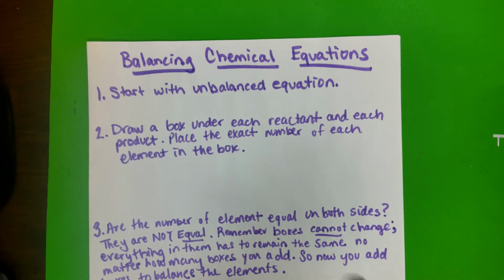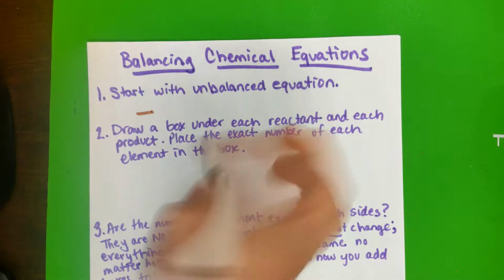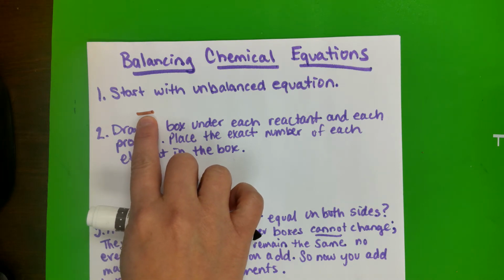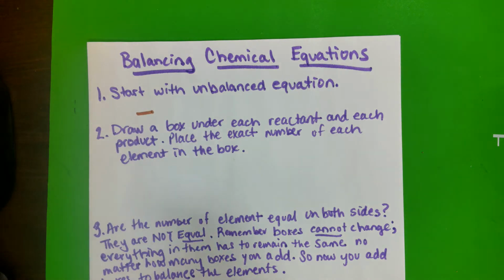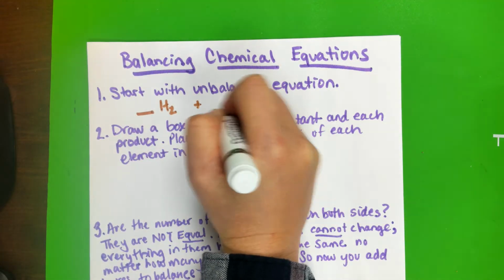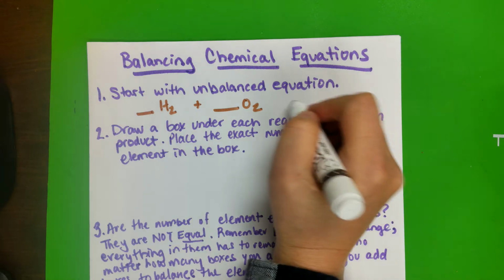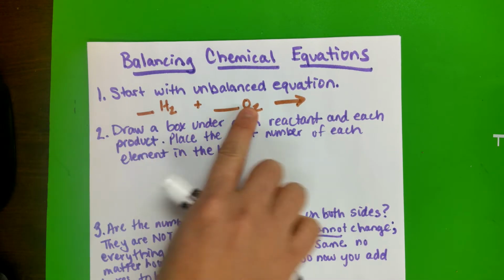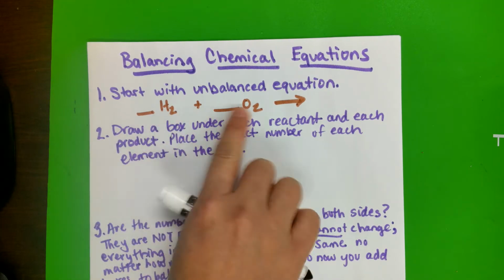Okay, so I'm going to start by putting this as what we're trying to figure out. Those are called your coefficients. And then we're going to put H2 plus O2, and then this is the yield sign. So this side before the arrow, these are your reactants. This is the ingredients you need.